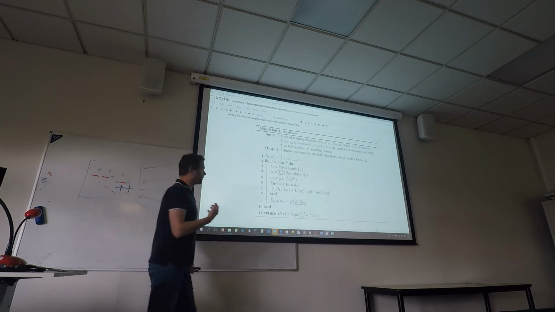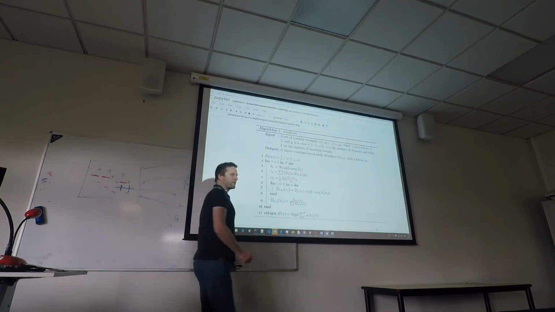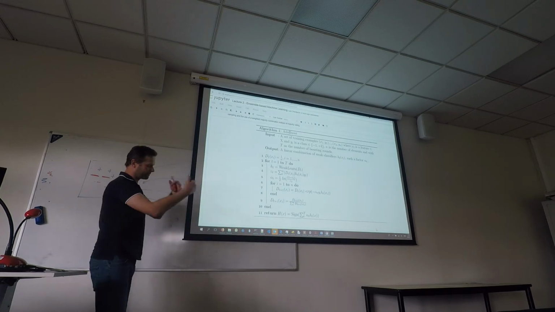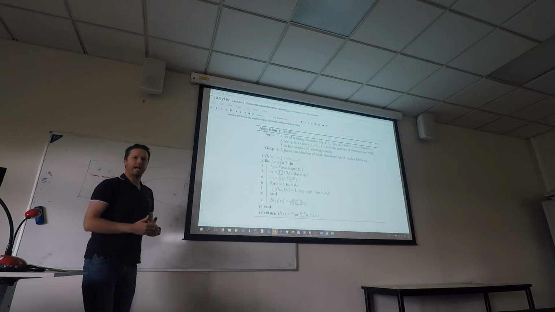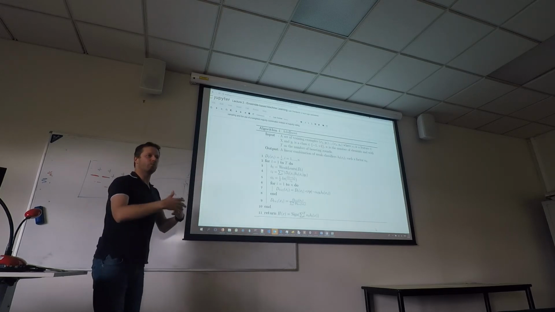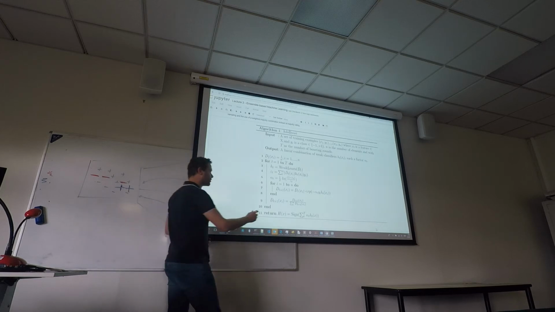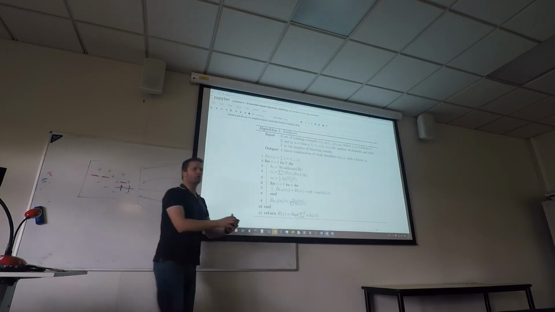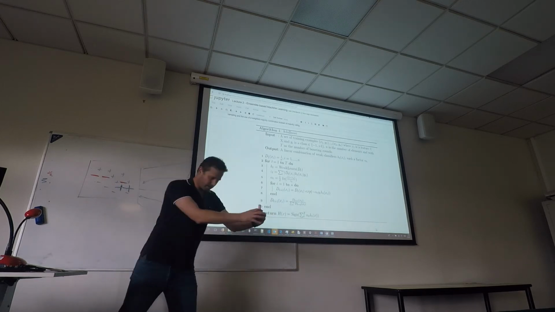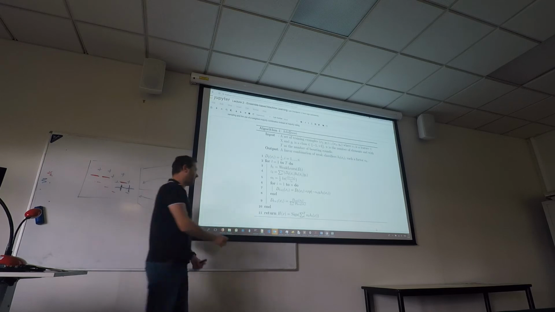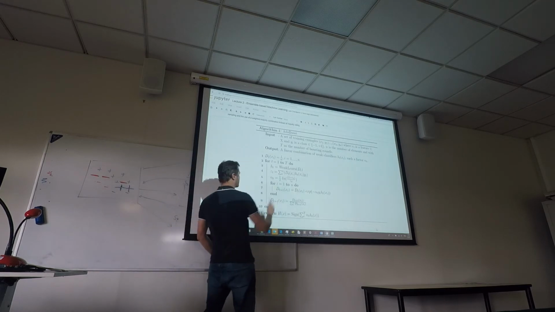What it returns to us is something that is formally defined as h. h stands for hypothesis. It's a weak classifier. Capital H, this one here, is your strong classifier. It's the whole ensemble, right? So the big H is made up of little h's.